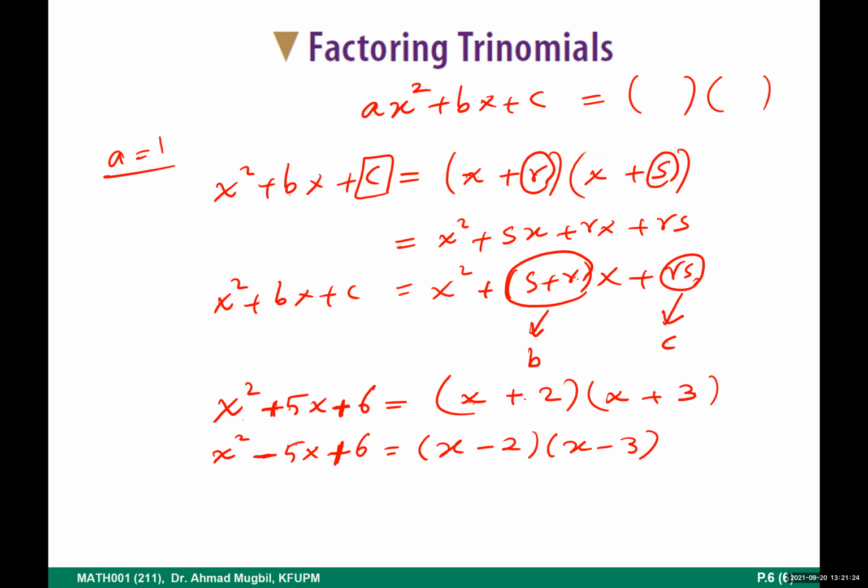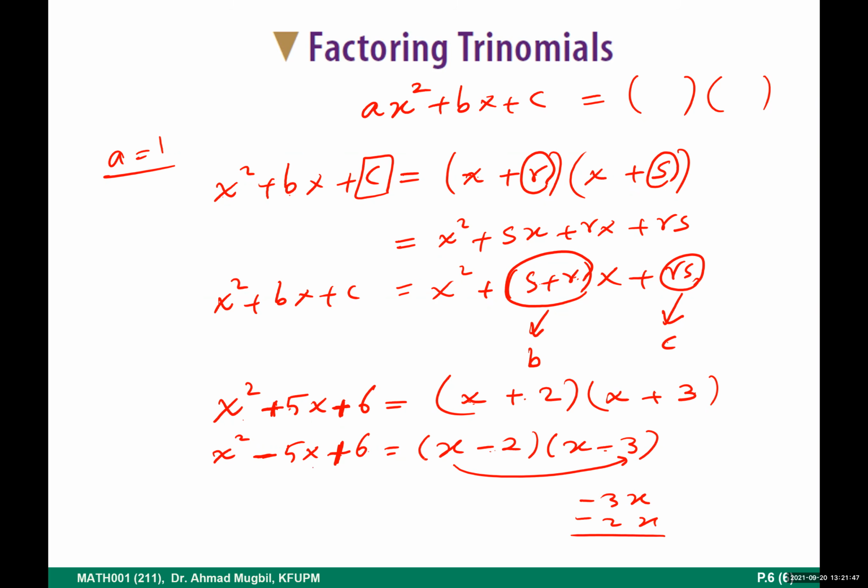Now you can check. By the way, this method is called trial and error. What do we have here to check? x times x is x squared. Negative 2 by negative 3 is positive 6. Now x by negative 3 is negative 3x. Negative 2 by x is negative 2x.